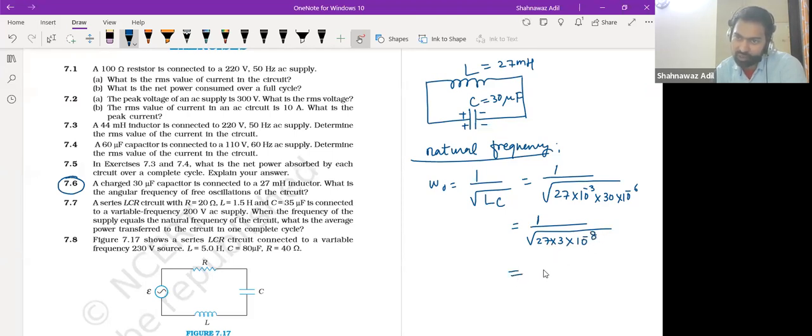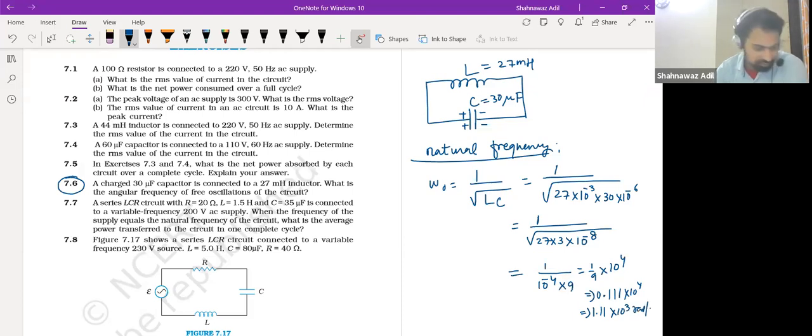And then this will come out to be 10 to the power minus 4, right? And this is 9, so 1 by 9 into 10 to the power 4, which is 0.1, and then 1 into 10 to the power... So 1.1 into 10 to the power 3 rad per second. Good. This is what you will get, right?